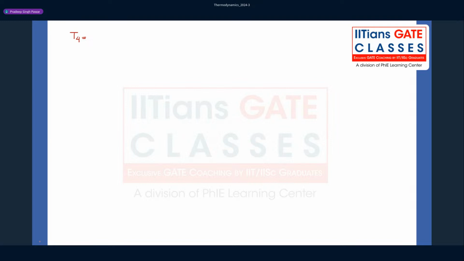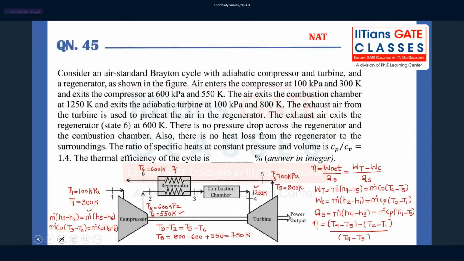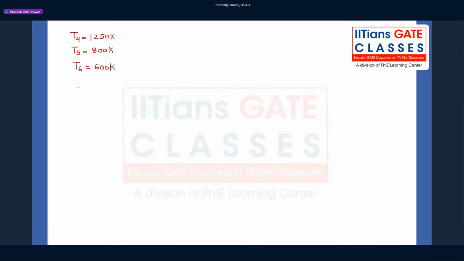We'll just go back and look at the value. T4 is 1250 Kelvin. T5 is 800 Kelvin. T6 is basically 600 Kelvin. How much is T3? T3 is 750 Kelvin.